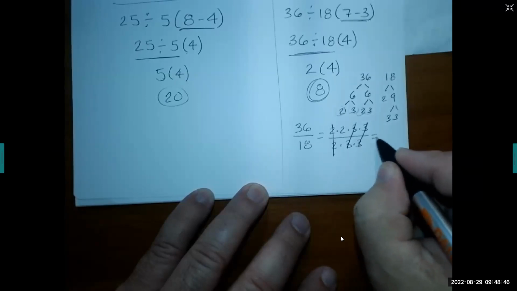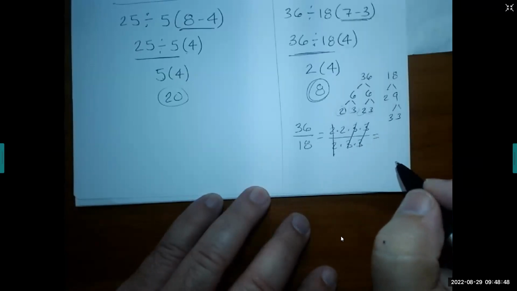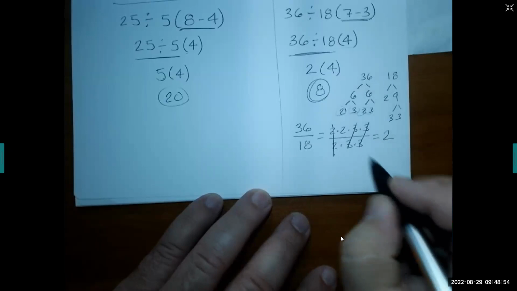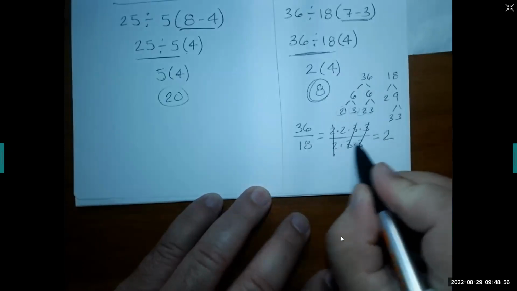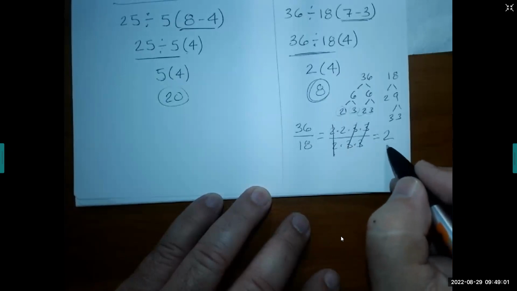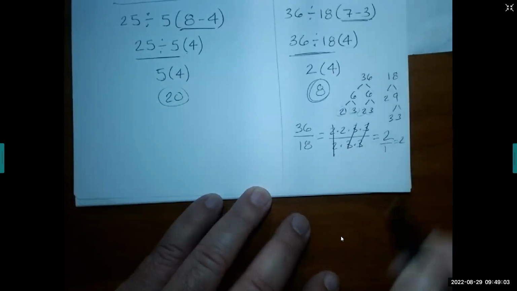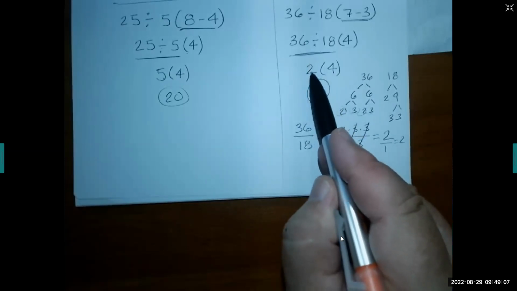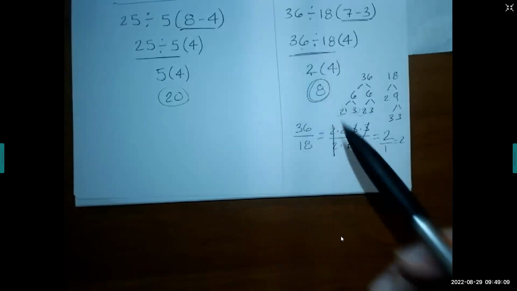So the final answer is 2. Since all the bottoms are gone, there's a 1 on the bottom. So 2 divided by 1 is 2. So that's how we got this 2 right here, the 36 divided by 18.